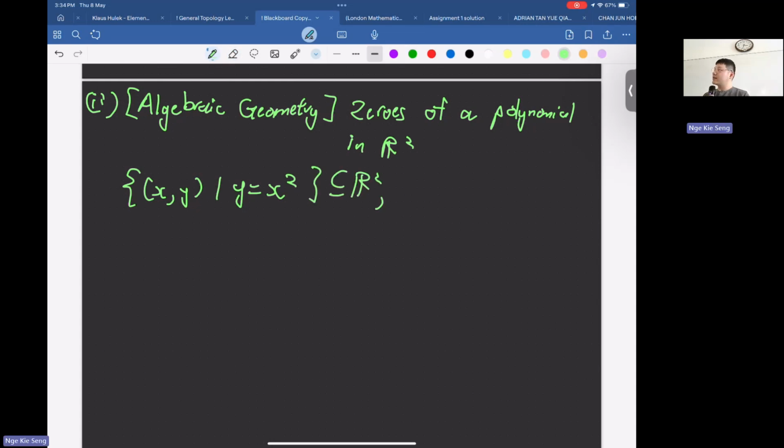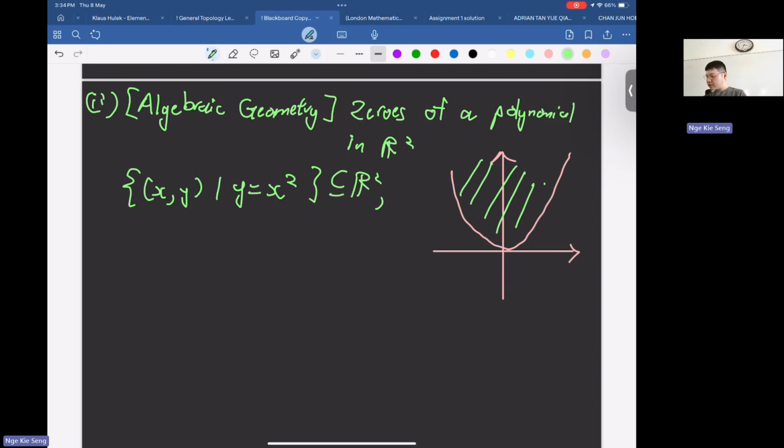What's this in picture as a graph? This is the parabola, y equals x squared. But what's the complement here? Anything that is not on this parabola. So how do you write it?